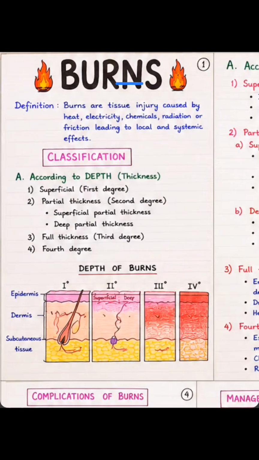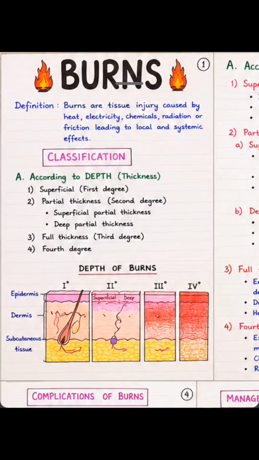So definition is, first, what exactly is a burn? A burn is a tissue injury caused by heat, electricity, chemicals, radiation or friction, producing local and sometimes systemic effects. Let's make this very simple. Imagine you accidentally touch a hot pan, and the heat damages your skin.